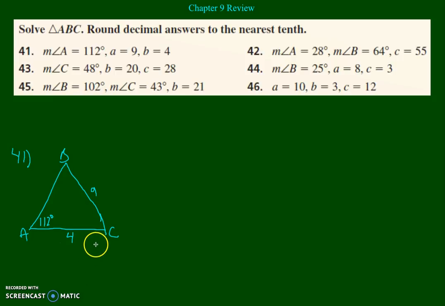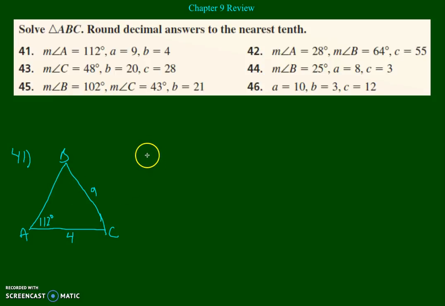Now in this case, I don't have enough information to find either of the other 2 angles, so I'm going to have to use either the law of cosines or the law of sines. I can probably use the law of sines because I have an angle and a side opposite. So I should be able to use the law of sines to find this angle. So let's go ahead and give that a shot.